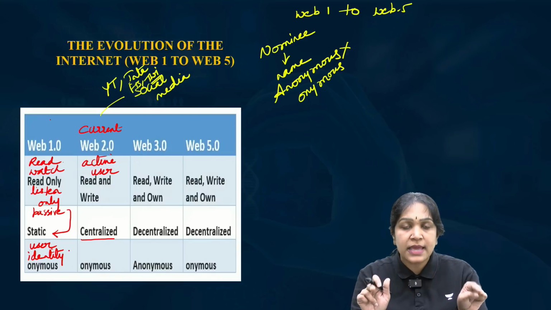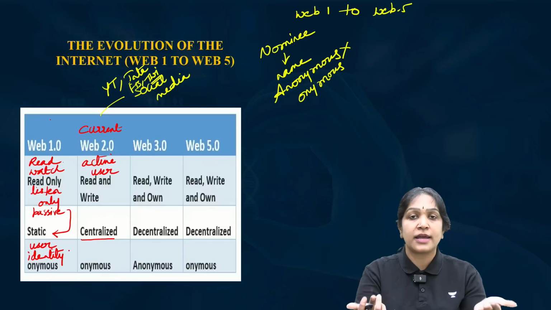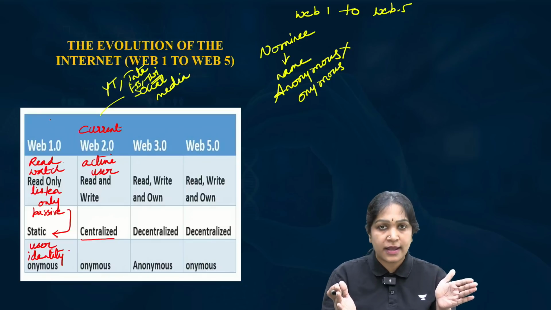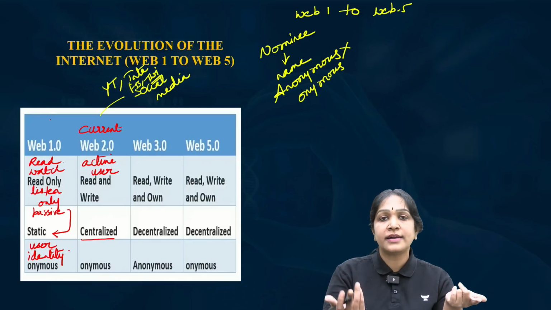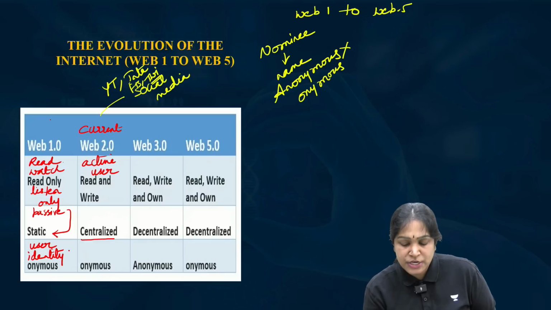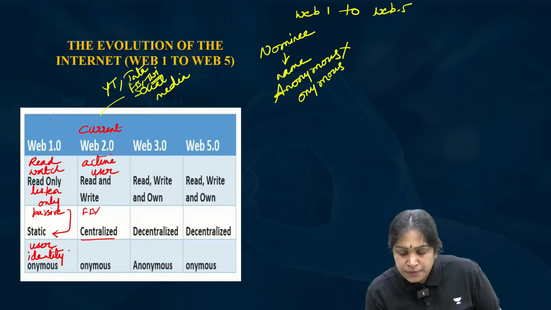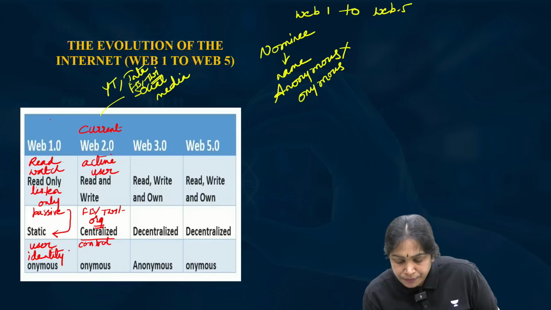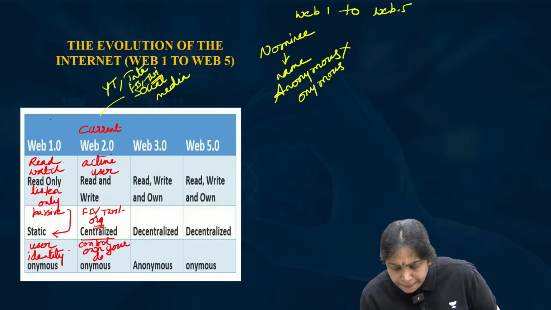That company is owning your data. You are not owning your data anymore. You have given your data to that company. So that centralized organization, Facebook or Twitter, will control or own your data.